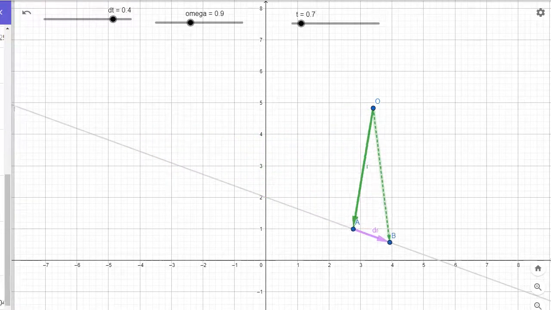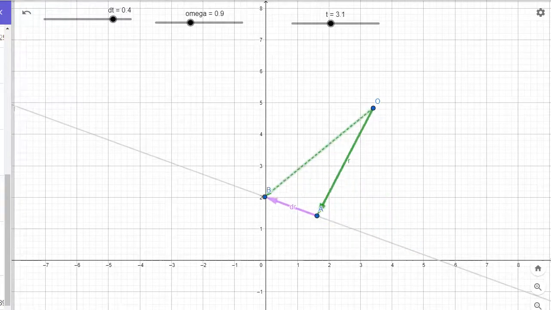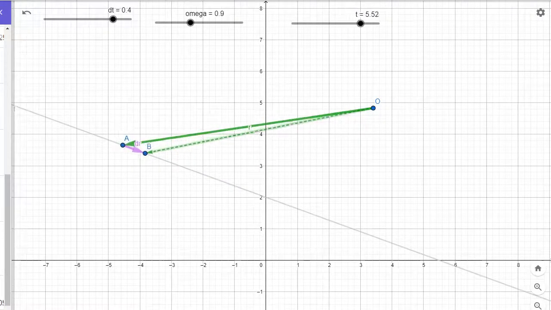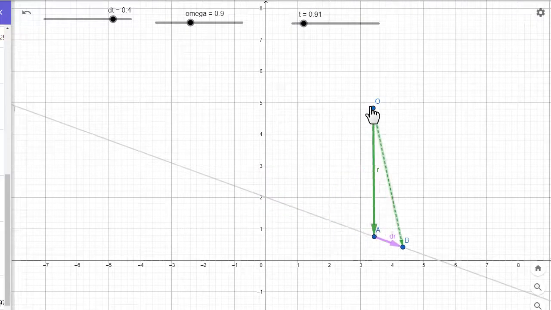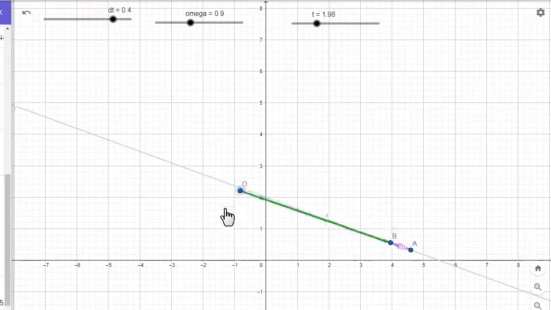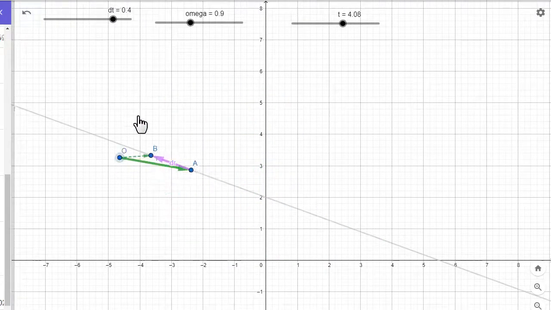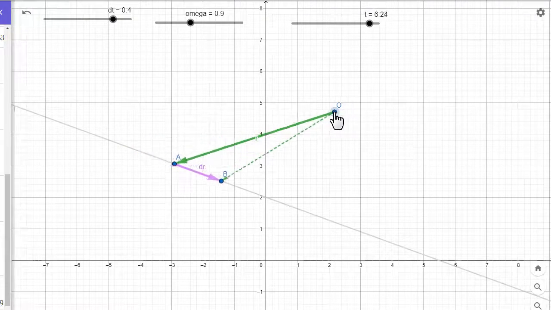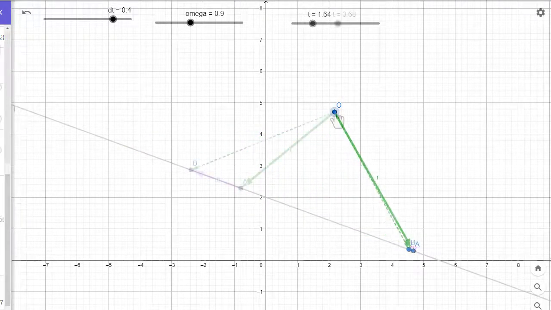And you can see sometimes that vector is large, sometimes it's small, sometimes it's pointing down and to the right, sometimes it's pointing up and to the left. One thing you'll notice is that it doesn't matter where I put the origin, right? The difference vector is what it is. It's independent of where I put the origin. That's kind of important for what comes up really soon.